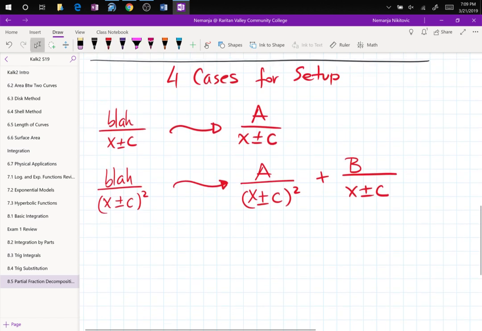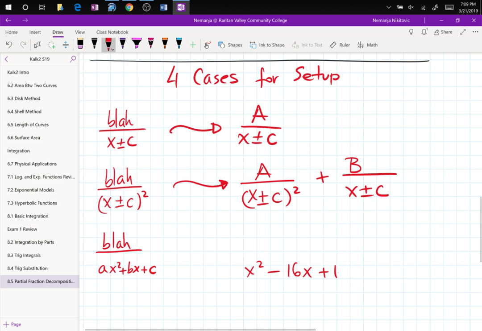The next one is the unfactorable quadratic. So you have ax squared plus bx plus c. It's prime. You cannot factor it any further. So let's say you have x squared minus 16x plus 1.